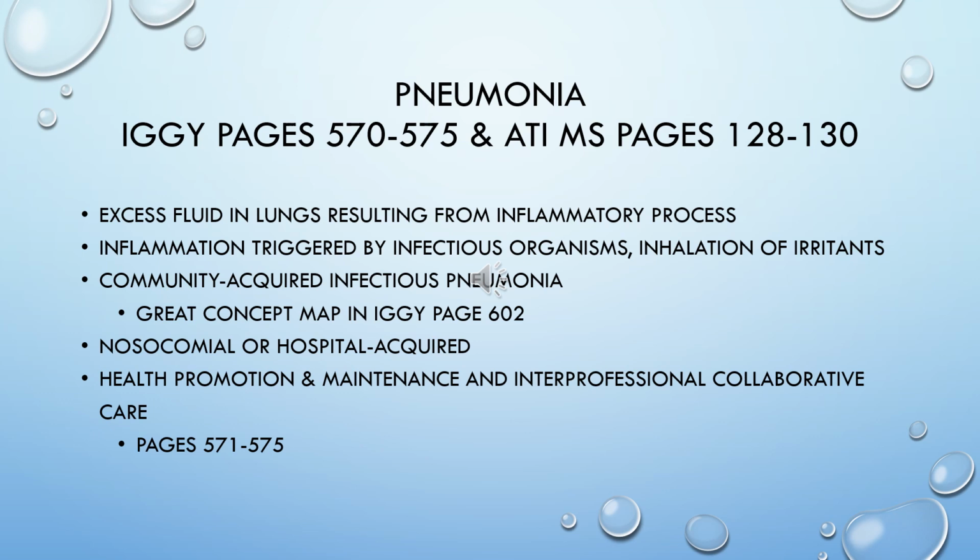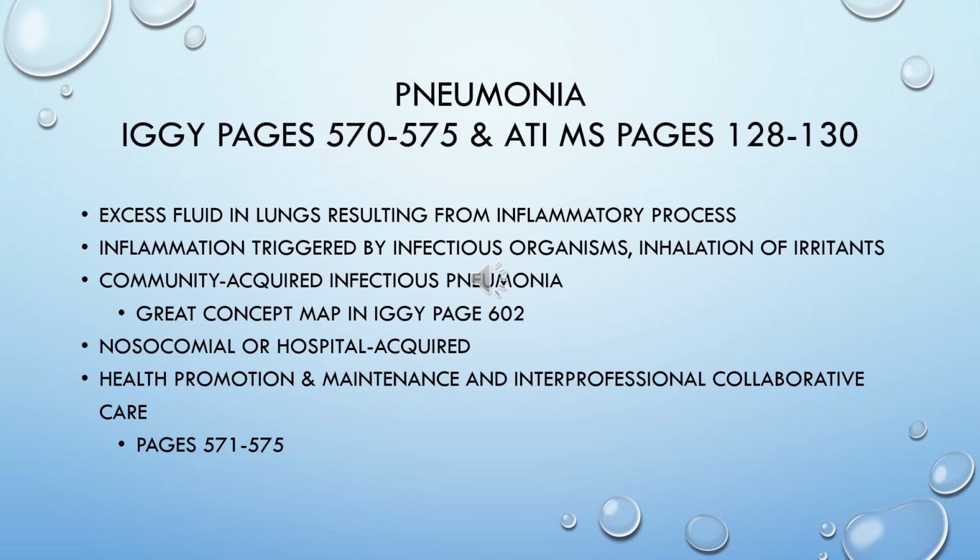I did write on here that there is a really good concept map on page 602 that deals with community-acquired pneumonia. Probably be a good thing to look that over. And then again, I would really focus in on the health promotion, management, and maintenance. We do have available pneumonia vaccines for people who are in a high-risk group for development of pneumonias.